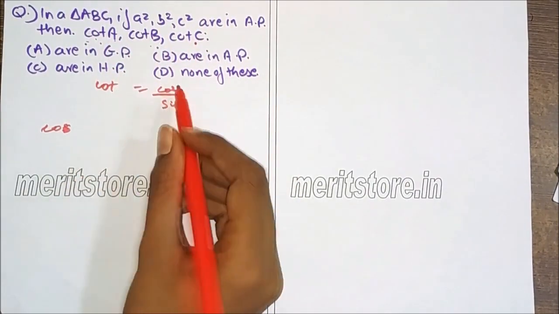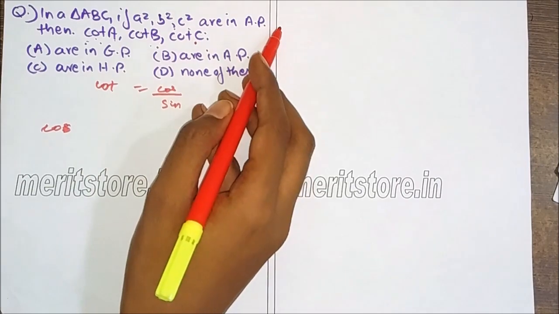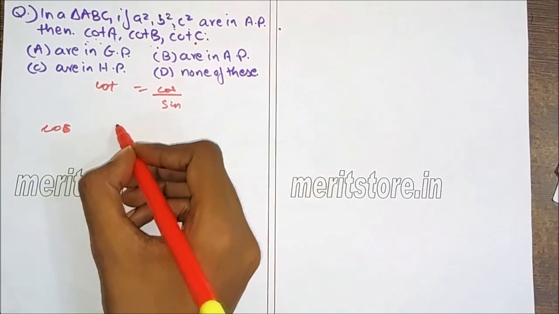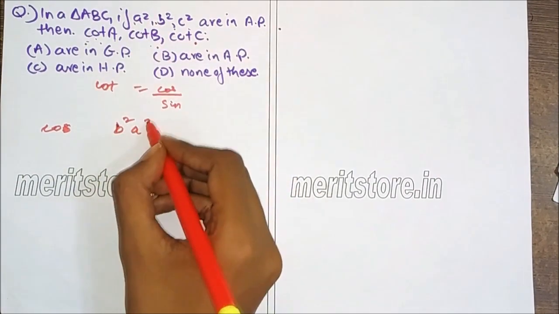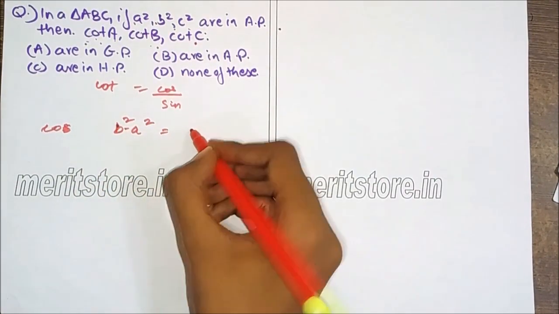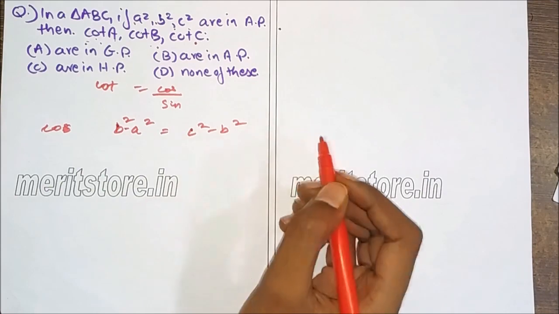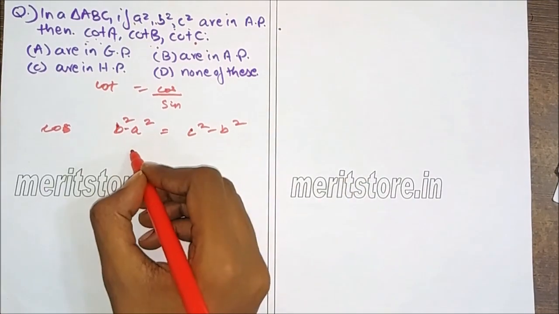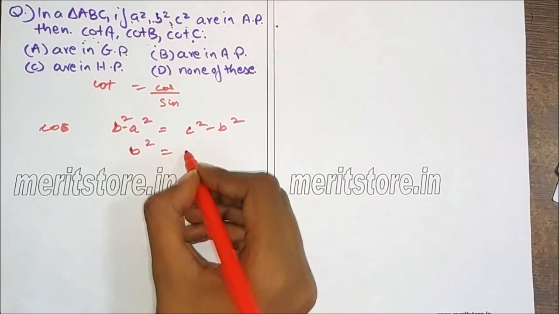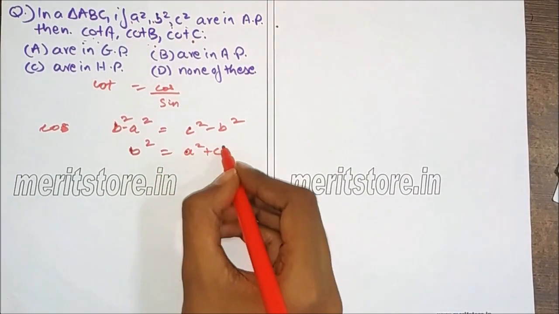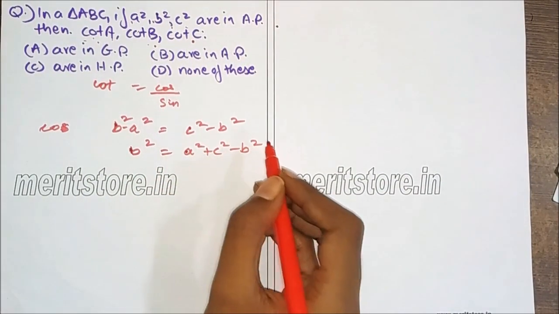So first we know that a square, b square, c square are in AP. So by the definition of arithmetic progression, b square minus a square is the same as c square minus b square. So this can be written as 2b square is equal to a square plus c square.